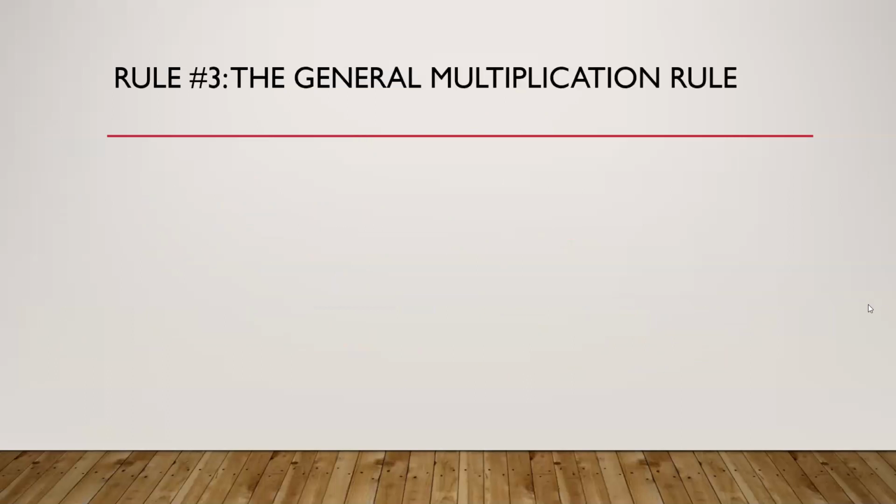All right, so we have these two types of events, independent and dependent events. So we're going to focus primarily on independent events. So we're going to get to my favorite rule for this class. It's called the general multiplication rule, and this is for independent events. So it just goes like this.